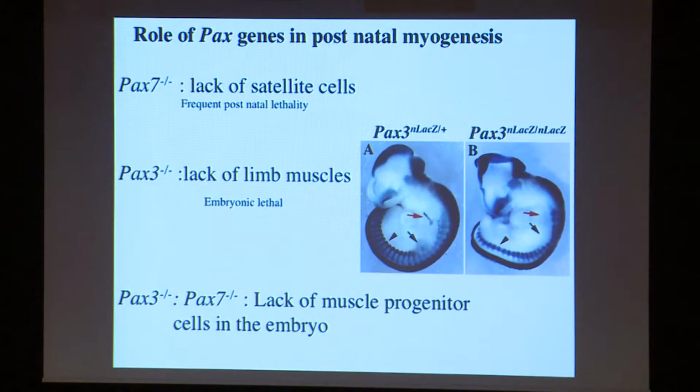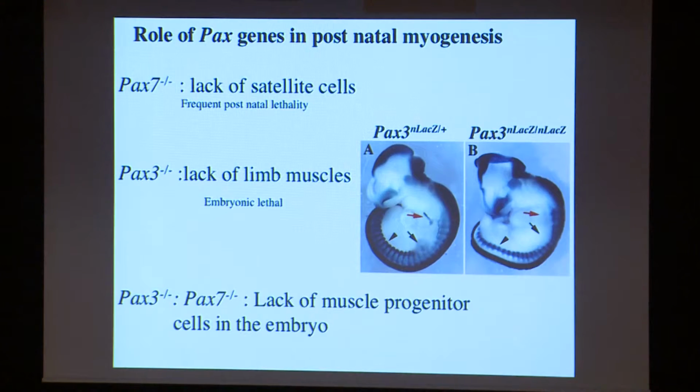PAX3, the phenotype is detectable much earlier in development. In the PAX3 deficient mice, limb muscle will be absent. There will be no muscle in the limbs.